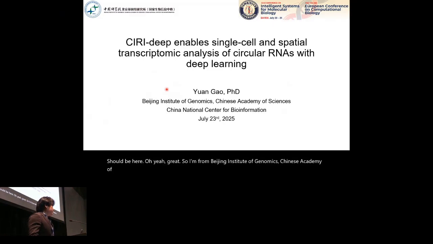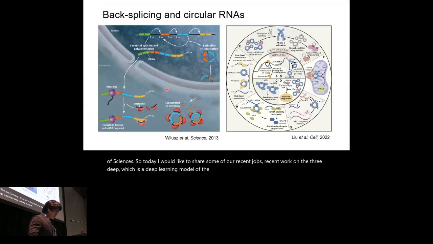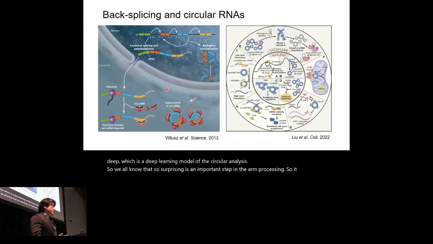So today I would like to share some of our recent work on CIRI-Deep, which is a deep learning model of circular RNA. We all know that splicing is an important step in RNA processing. It removes introns and joins exons to produce mature mRNAs.